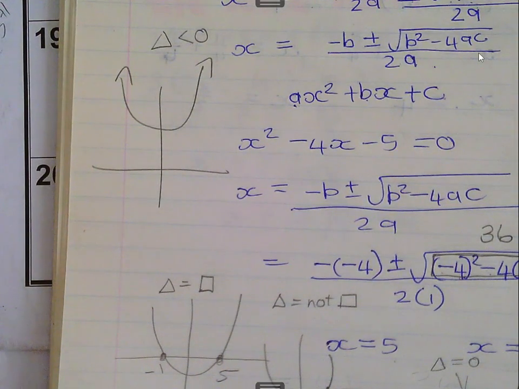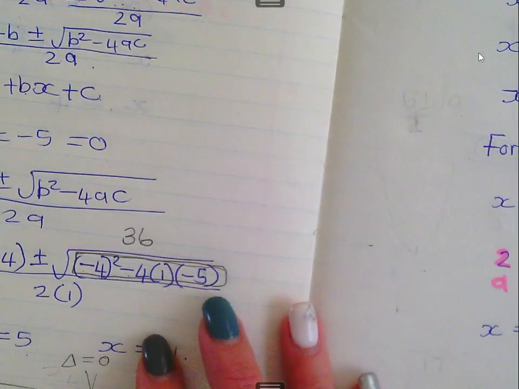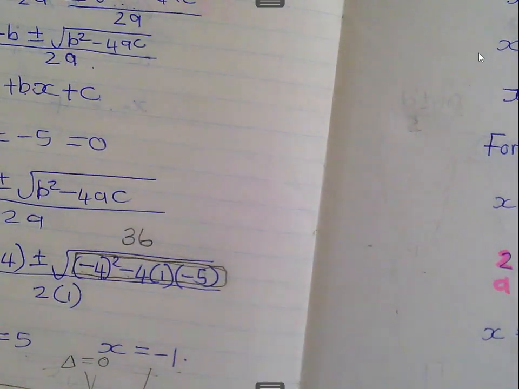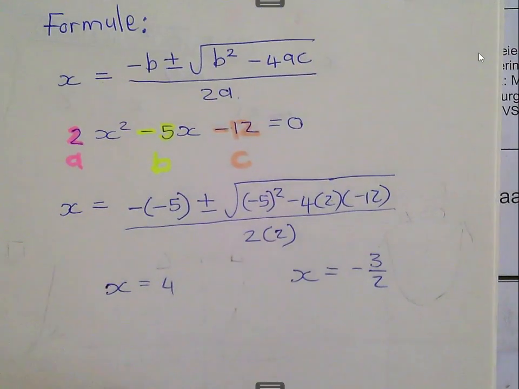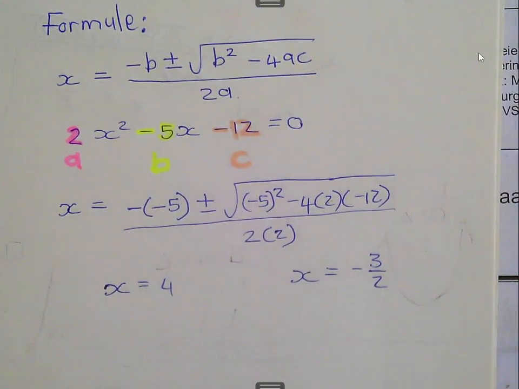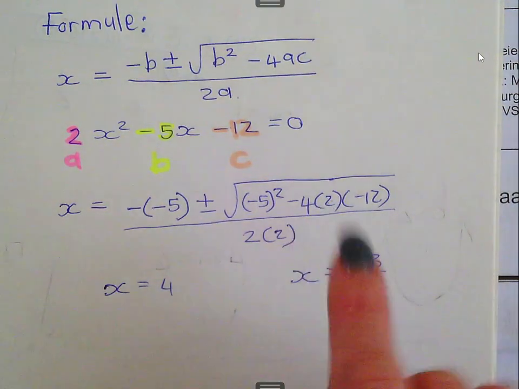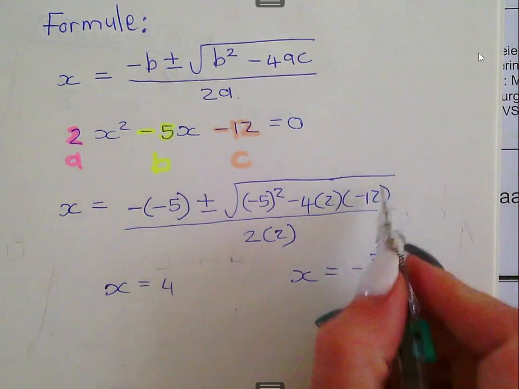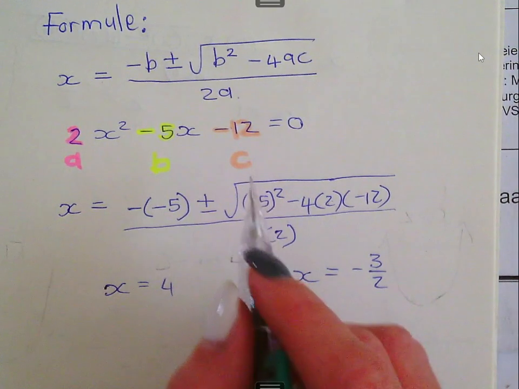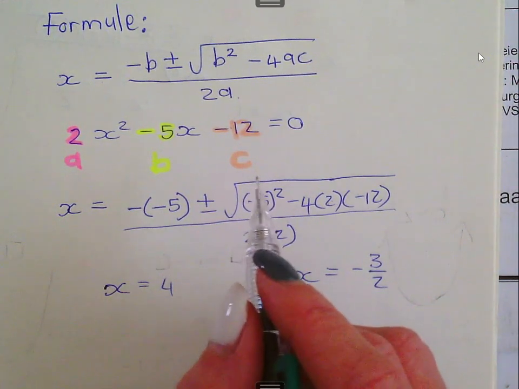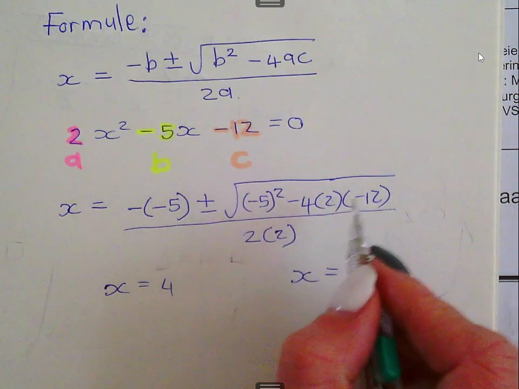So if it happens that you type this in your calculator, in the Afrikaans class someone typed it and said, "Ma'am, I'm not getting the right answer. It's giving me a math error." Remember, it can give you a math error. It happens that you have a parabola that doesn't cut the x-axis.